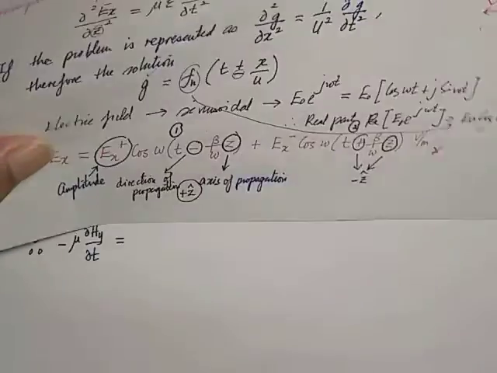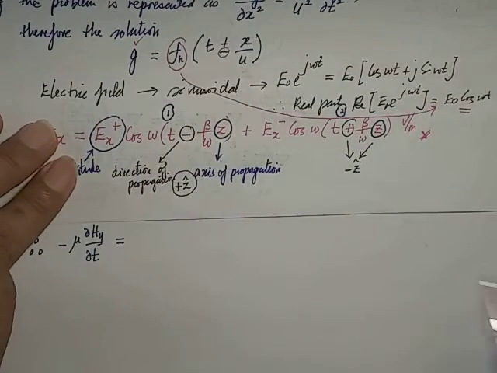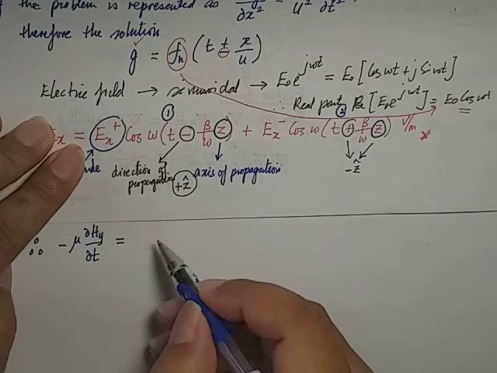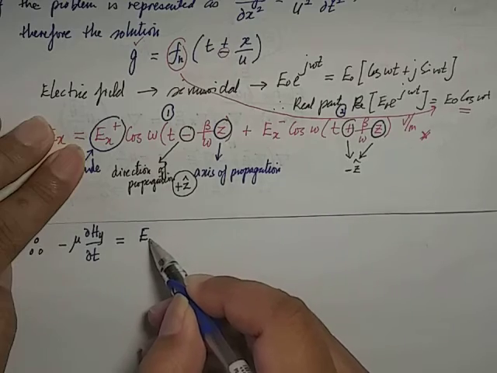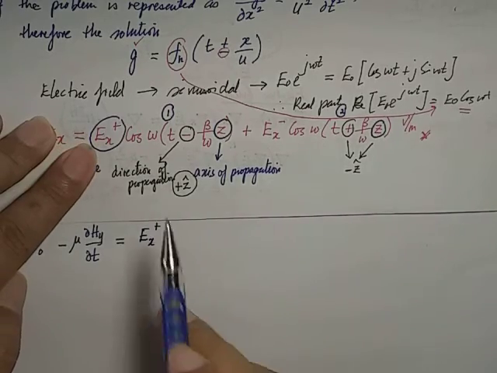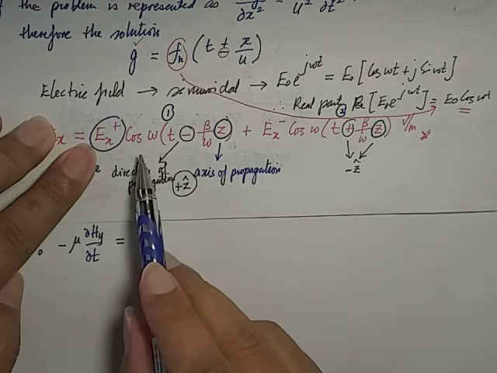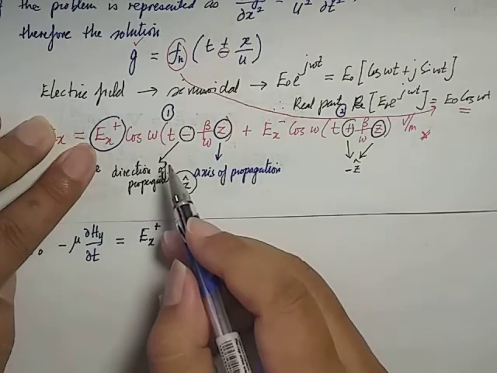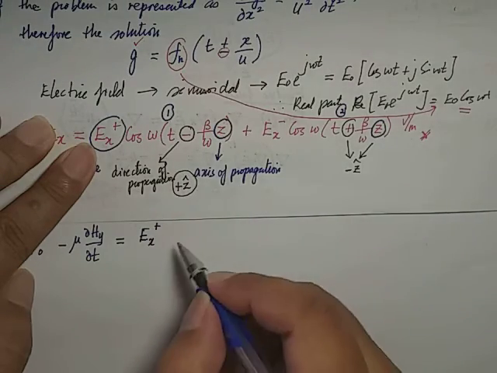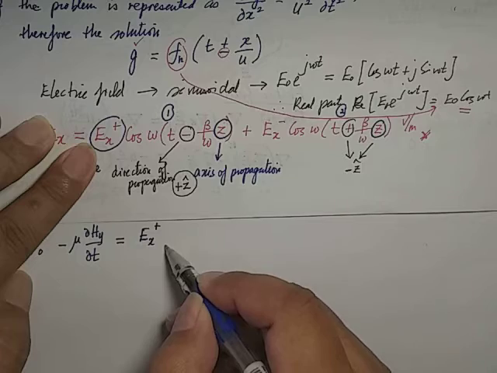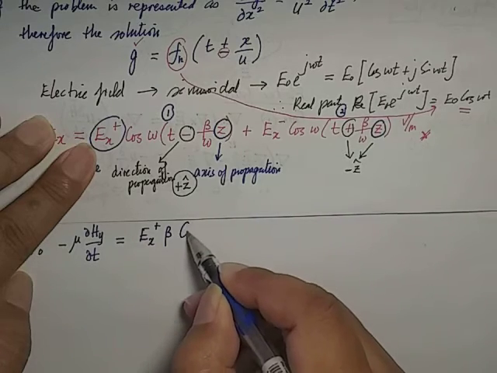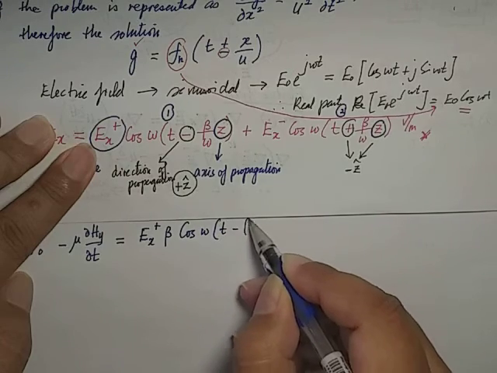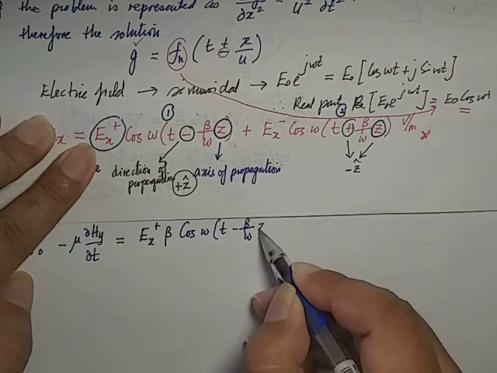So let's do that differentiation. We have Ex positive, and differentiating the cosine with respect to z, it becomes a negative sign, and then you differentiate the argument, so negative beta becomes beta. So cos of omega t minus beta over omega z. Do we agree on that?